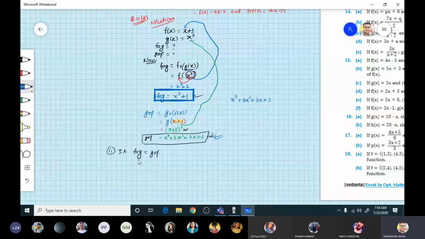So they are not equal. You can write the value here, F composite G, and G composite F also write the value here, and therefore F composite G is not equals to G composite F.